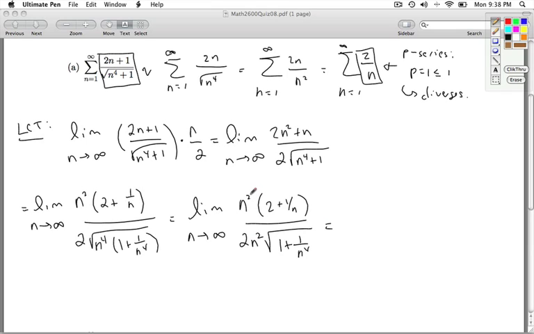So these n squareds cancel each other out. And I'm left with the limit as n goes to infinity of 2 plus 1 over n divided by the square root of 1 plus 1 over n to the fourth.